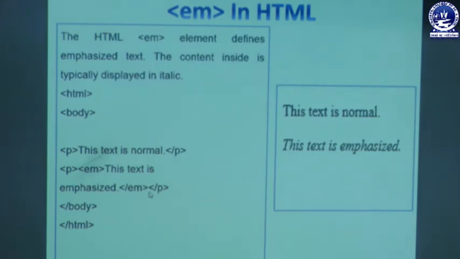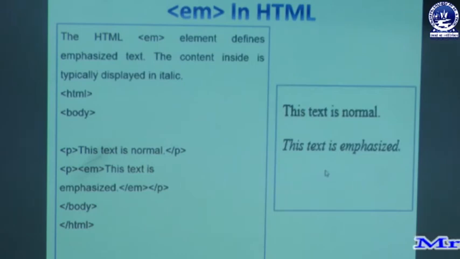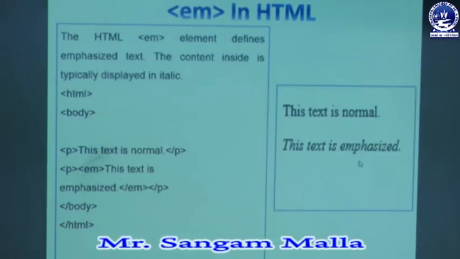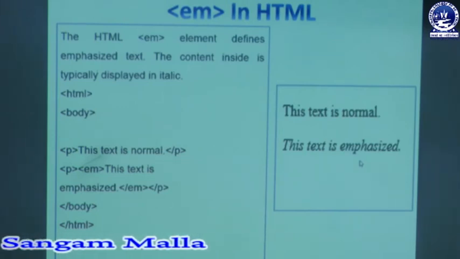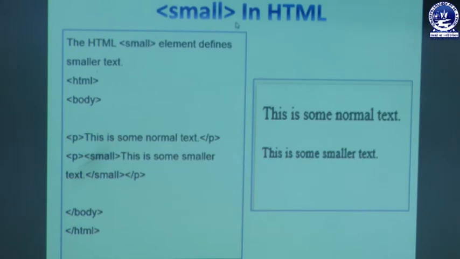So EM stands for emphasized text, and the difference between EM and I tag is that the reflection is same, but whenever we want to change only the format, at that time we can specify the I tag, whereas if we want to emphasize any text within the given text, we can use the EM tag. So this is the program written to show the use of EM tag, and the reflection is over here. Now we will be moving to the small tag.